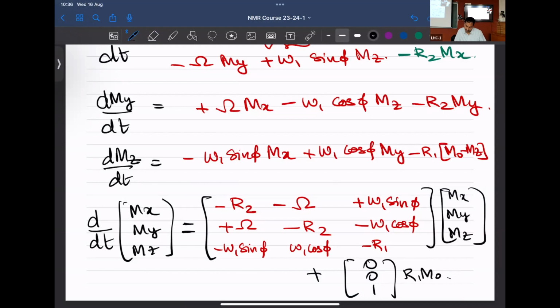I think then this has to be a plus sign. Isn't it? Minus of a minus should become plus. Anyway, take a look at this. I've given you an idea how to generate this. Generally, when I'm talking and writing, I might make some silly mistakes. But overall, I hope you are able to understand the entire evolution of magnetization can be understood if you end up solving this matrix.